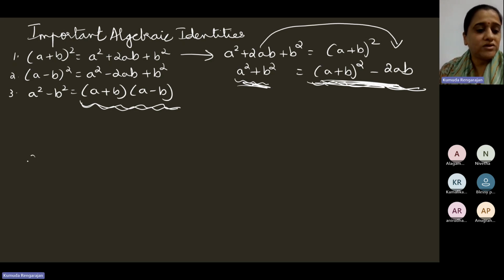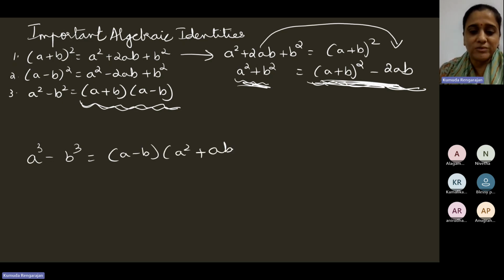Now what is a cube minus b cube? It is a minus b into a square plus ab plus b square. So we've factorized.